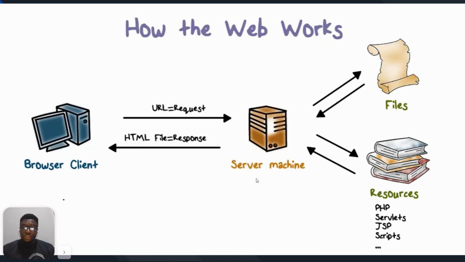Now, when you log a request on the browser, let's say a Google search, this request goes to the Google server, which looks for any trace of the information you searched for. If Google has the answer, it will deliver it directly.